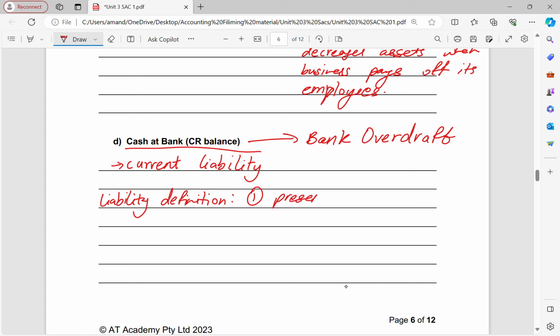First one is, say these key points: present obligation of the entity. Again, it's always due to some past event that causes this.